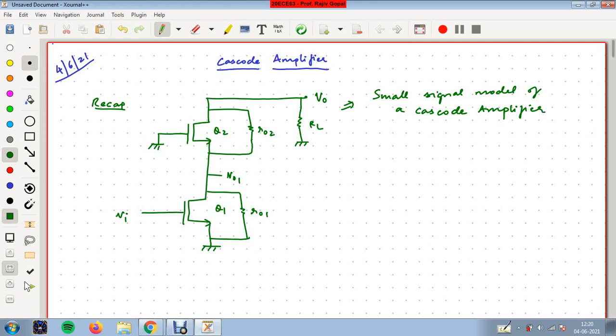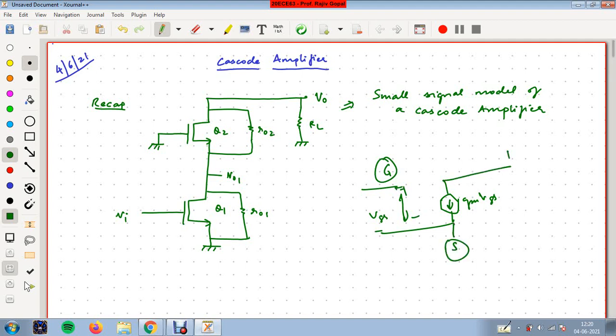When I say small signal model, usually you write it like this, gm VGS, plus minus VGS. This is the gate side, this is the source side, and this is the drain side, and this is R0. I'm not writing it like this.